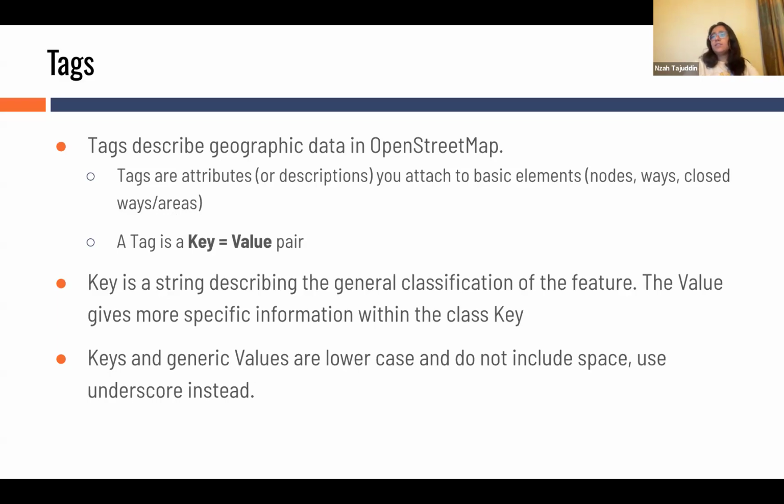A key is a string describing the general classification of a feature, for example, a highway, and the value gives more specific information about it. We want to add these because it's very important that we classify the data as best as we can when we are mapping it. Keys and generic values are lowercase, and you don't use a space, but you use an underscore instead of a space. This is very important to abide by as well.